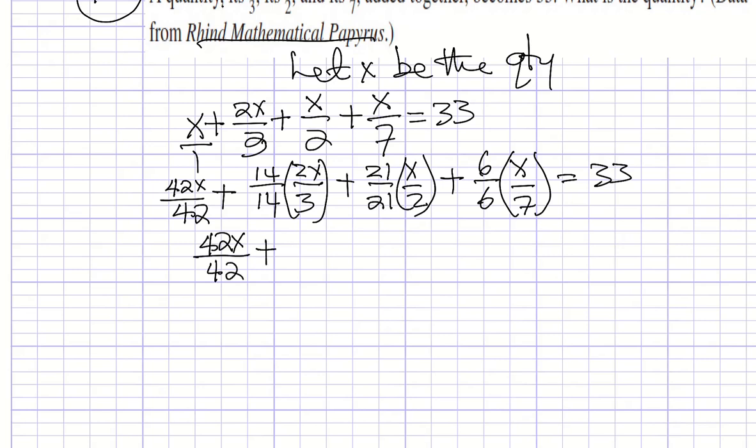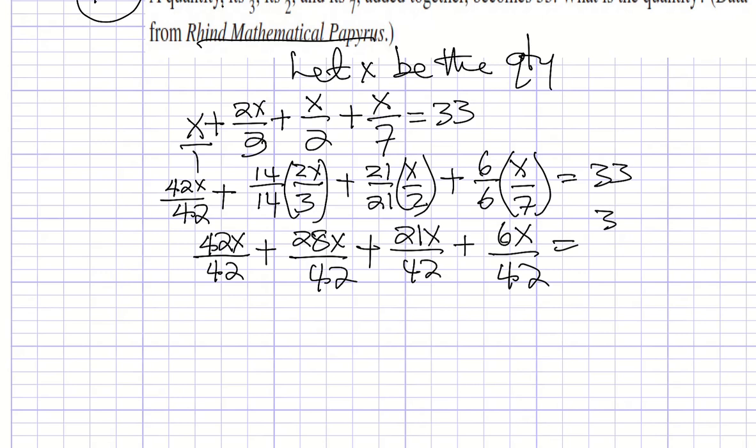And this one here is going to be 2 times 14, which is 28. 28x over 42. And this one is going to be 21x over 42. And this one is going to be 6x over 42 equals 33. We do 33 over 1, that's fine.